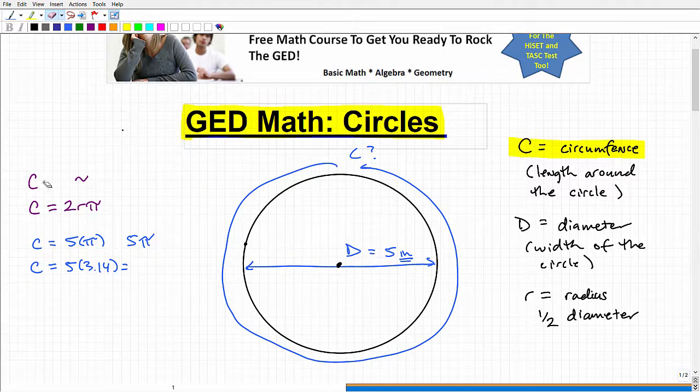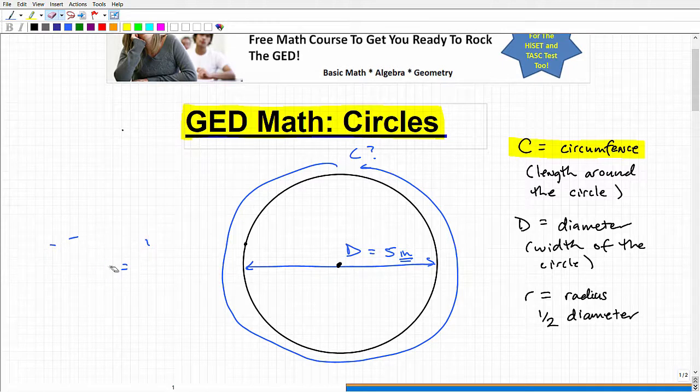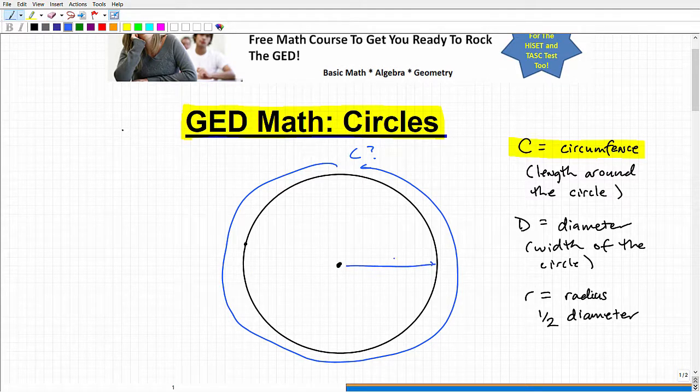So that's the circumference. Actually, let's do one more example here of circumference, but this time let's find it where we just have the radius. Okay, so let's say the radius we have is 3 inches. So we want to find the circumference, so we just use the other formula. So that's 2 times the radius times pi.